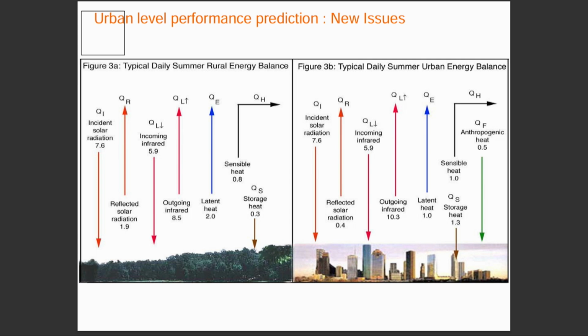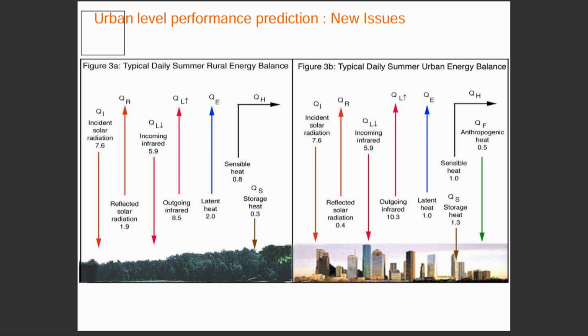And we are modelizing, taking into consideration the difference of energy budget that we have at the scale of a city compared to countryside. If we look at the energy budget of the city compared to countryside, this is what I receive from the sun, okay?